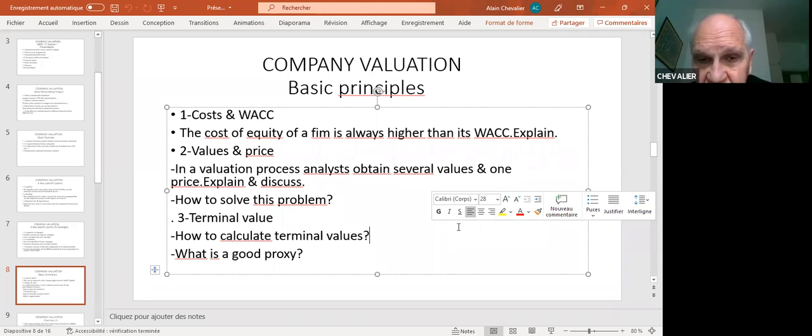So you get two parts: value calculations, and how to move from a range to a price. And at the end of the process, you need a price.